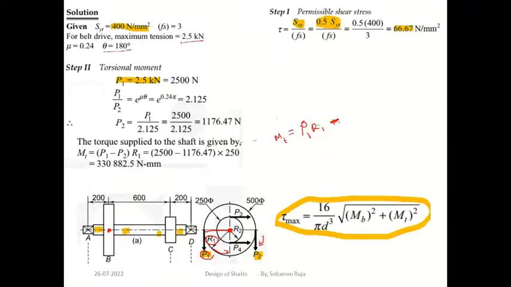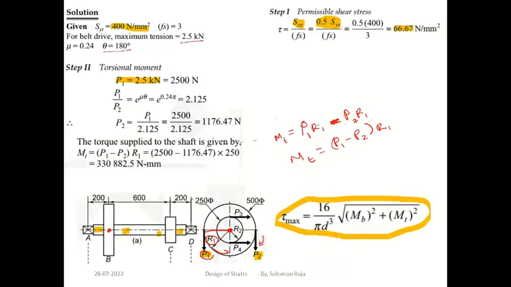For counterclockwise it is plus P1 R1, but for clockwise it is minus P2 R1, same diameter. So R1 is common, so MT equals (P1 minus P2) into R1.